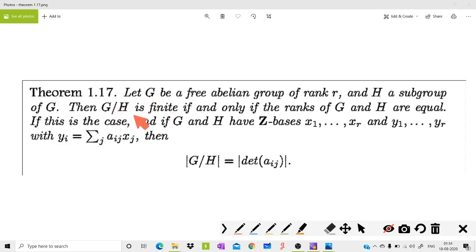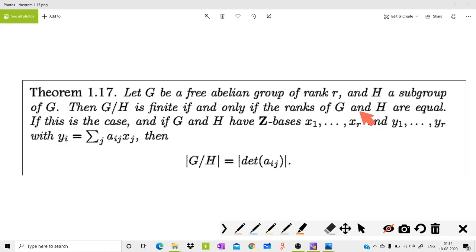So we can say this is finite. So using this theorem we can say that H is a free abelian group of rank 2. That means its basis contains exactly 2 elements. So when you consider the ideal generated by alpha instead of H, we can say that the ideal generated by alpha has a basis of order 2.